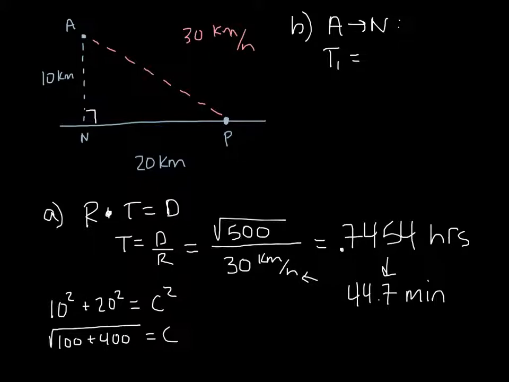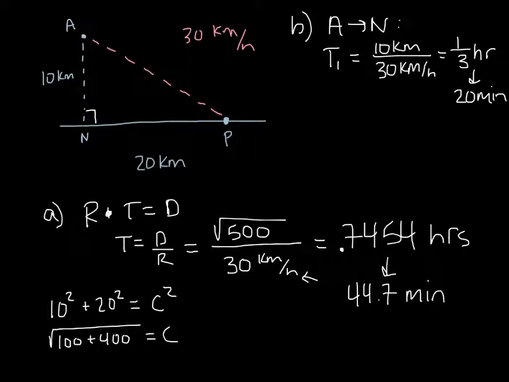That's going to be the distance from A to N. So I think we can call that 10 kilometers. And the rate: we're still traveling through the desert here, so my rate is going to be 30 kilometers an hour. And so that's going to be a third of an hour, or let's turn it into minutes, 20 minutes.